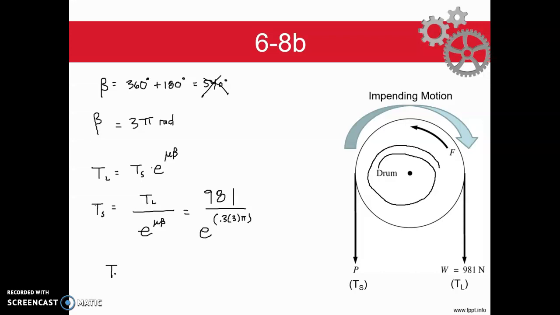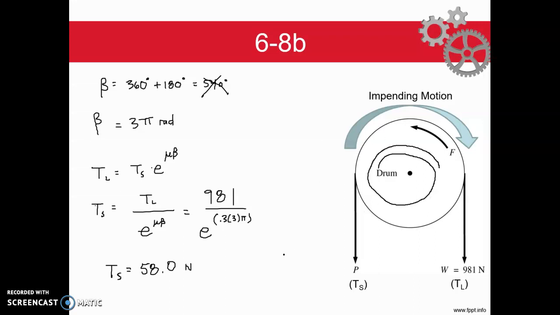And let's just plug that into our calculator and see what we get. I got 58.0 newtons. So that's pretty small compared to the weight over here, and that's due to all of that friction.